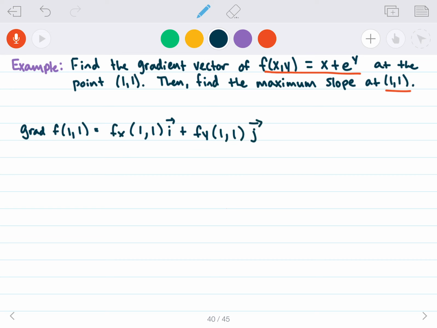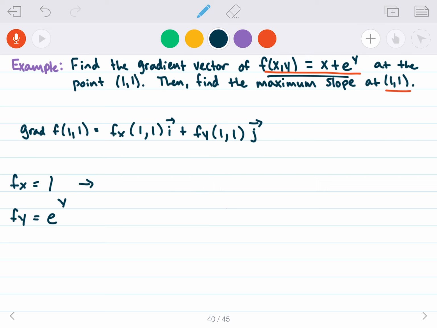Let's go ahead and find our partials first. The partial with respect to x of our surface is just 1, right? e to the y, we're thinking of that as a constant. The partial derivative with respect to y is going to be e to the y, okay? Now, if I plug in (1, 1), I can't plug in anything here, so this just becomes 1.